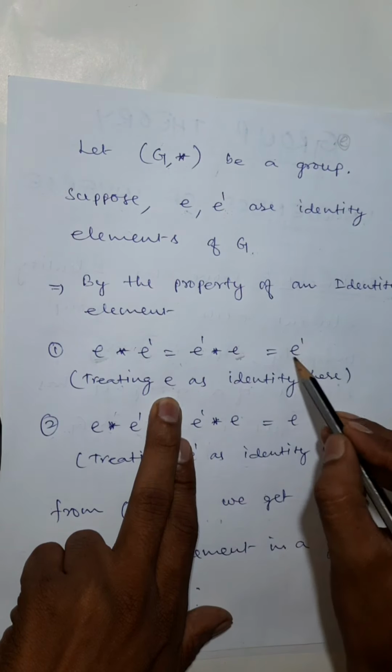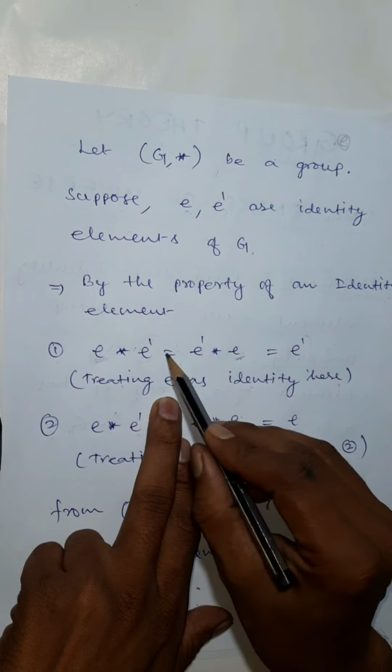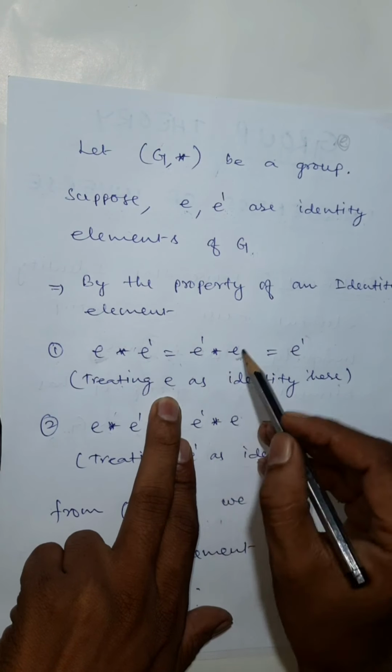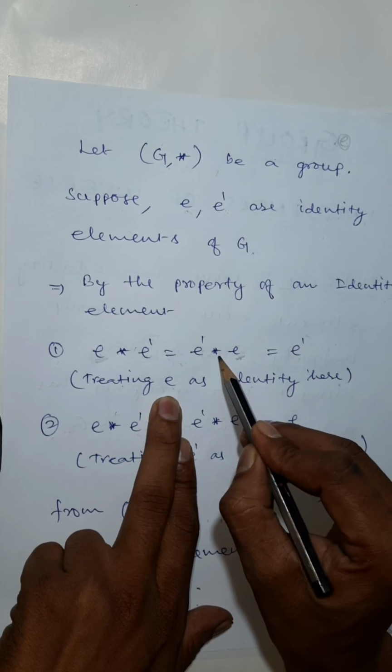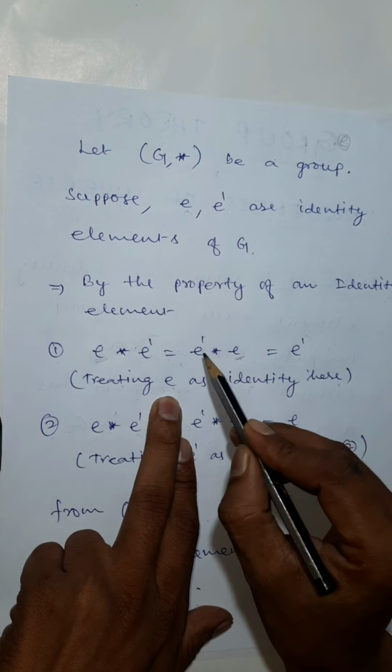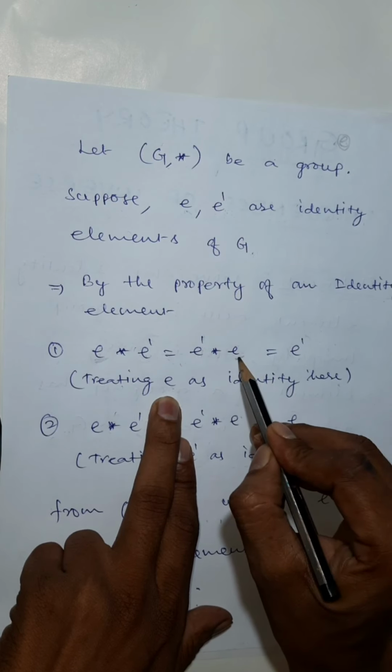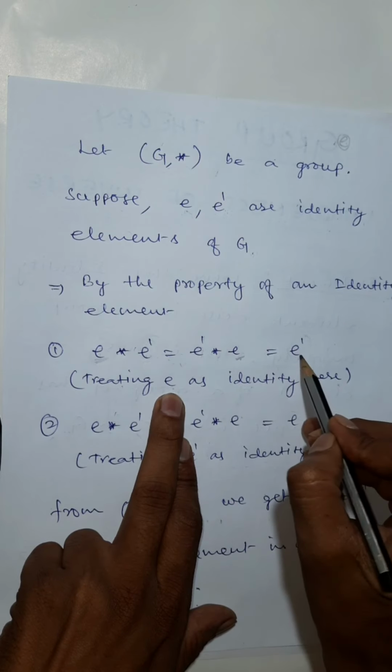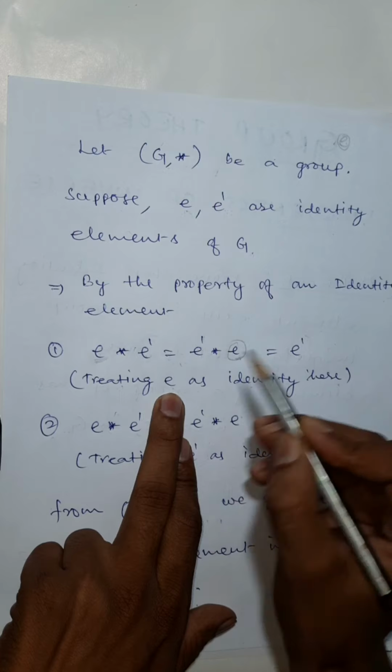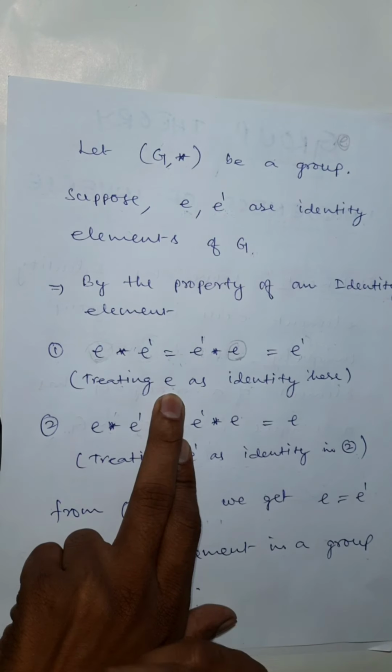So e' star e equals e', and taking the reverse also, e' multiplied with e, the identity element, gives the element itself. This is the first statement, where e is an identity element.